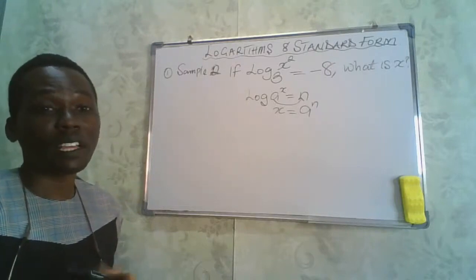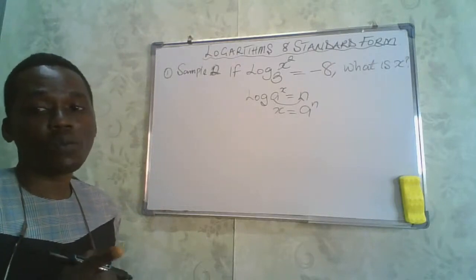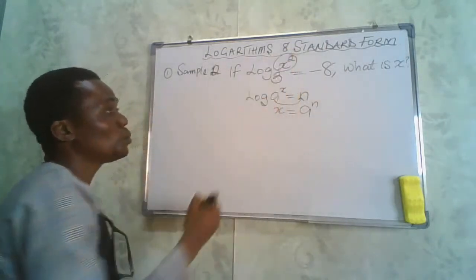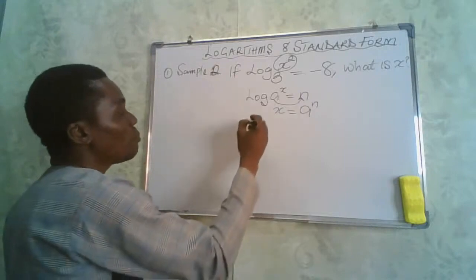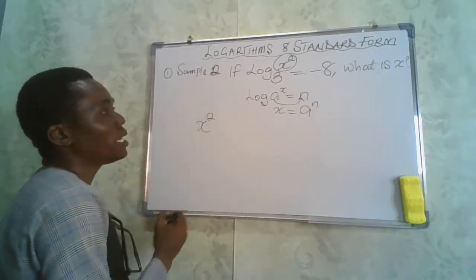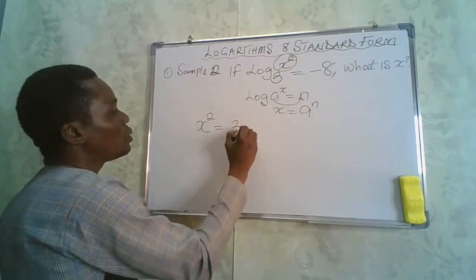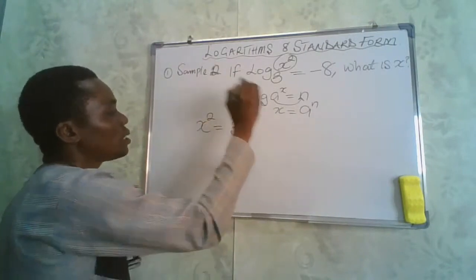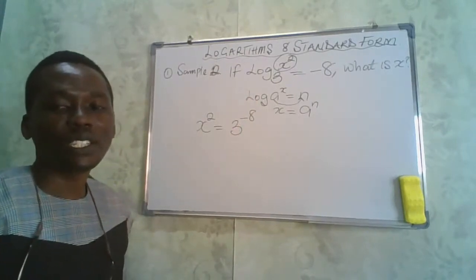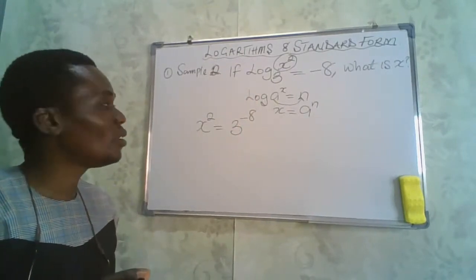Now, the value of x will be very simple. If we apply that law here, you know that x to the power of 2 is a single value. So that means our x to the power of 2 can be equal to 3 to the power of -8. And that is all. So if you can manipulate that, you can find your answer.